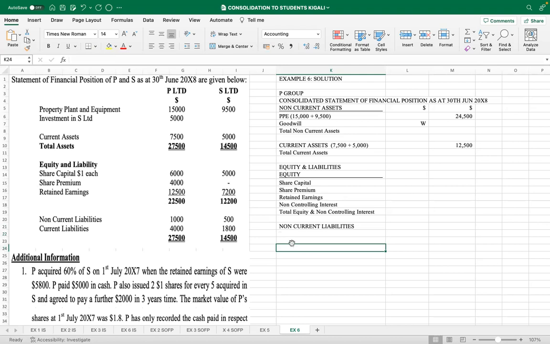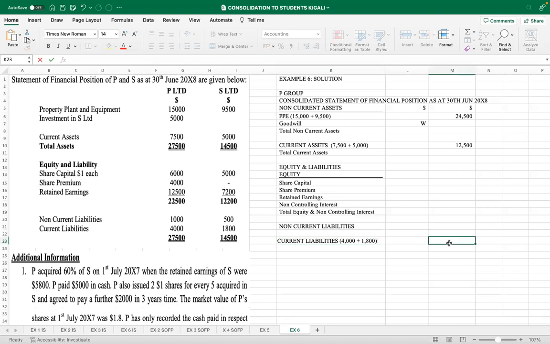And then finally, we have current liabilities. Current liabilities are 4,000 plus 1,800.